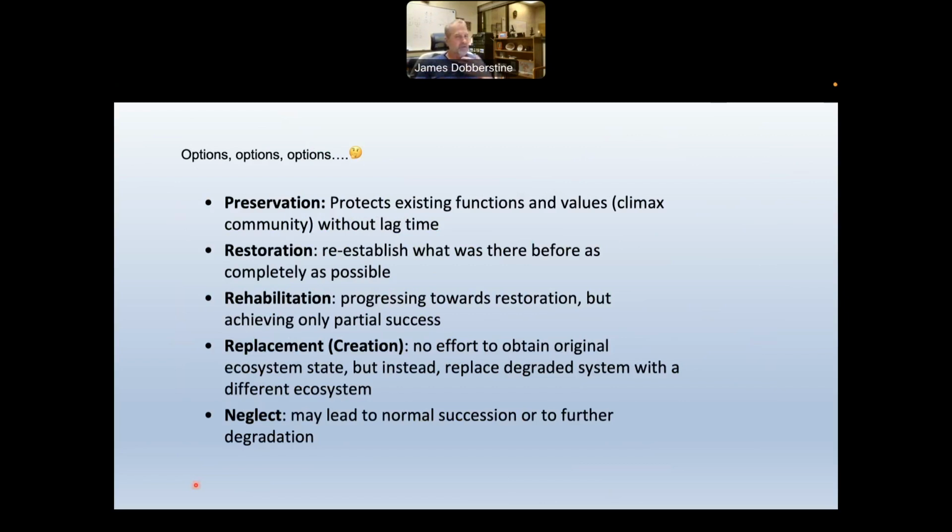Because that's part of it. These projects, I've worked on a lot of $1 million plus projects, and by today's standards, those are not even very expensive projects. But with the funding that's available, you really have to pick your projects and make the most of the funds that you have in order to be successful. So again, these options are a good menu of choices from which to select.